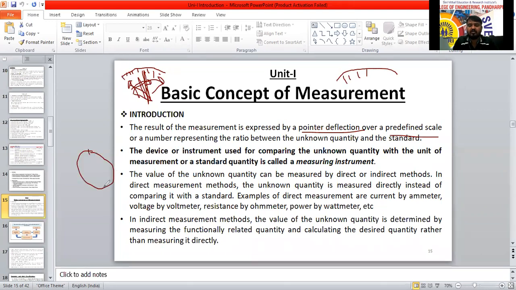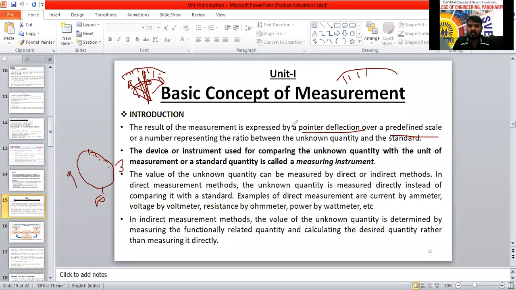In a watch, for example, the upper side is 12, the downside 6, this side 9 and this side 3, for every 3 hours. Then again the internal seconds and hours are marked. That is the predefined scale. The pointers are the hour pointer, minute pointer and second pointer, which indicate the time.